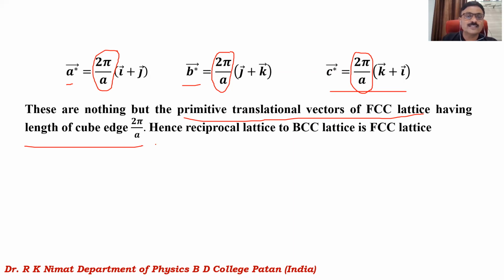Hence, it can be proved that the reciprocal lattice to the body-centered cubic lattice is the FCC lattice. That is how one can prove this concept. Hope you have understood the concept that the reciprocal lattice to the BCC lattice is the FCC lattice.